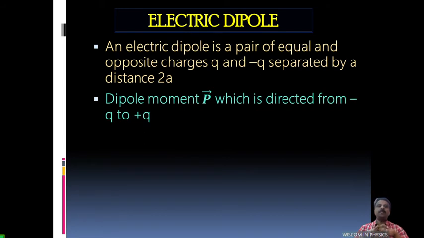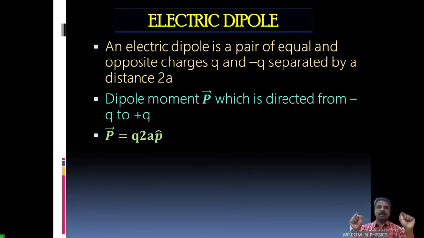And it has a dipole moment p vector, which is always directed from minus q to plus q. The direction of the dipole moment is minus q to plus q. We have to keep in mind this point. The general formula is there, but I have given you the result.